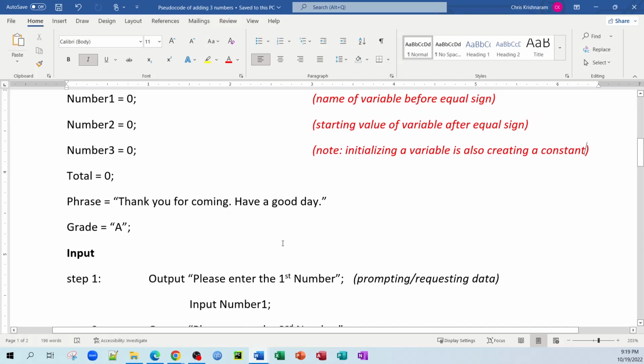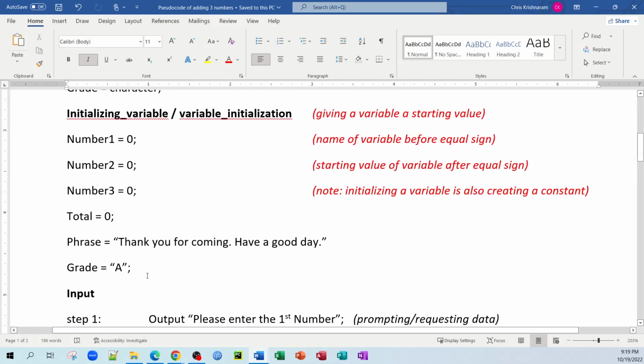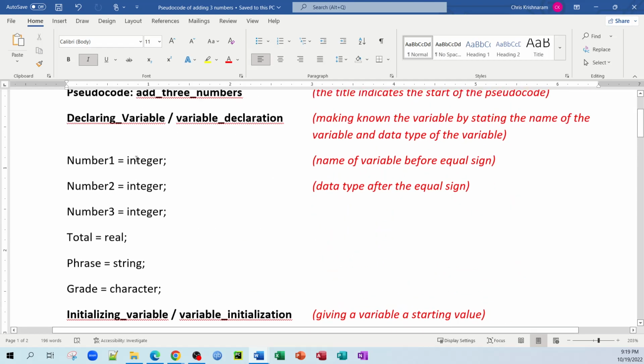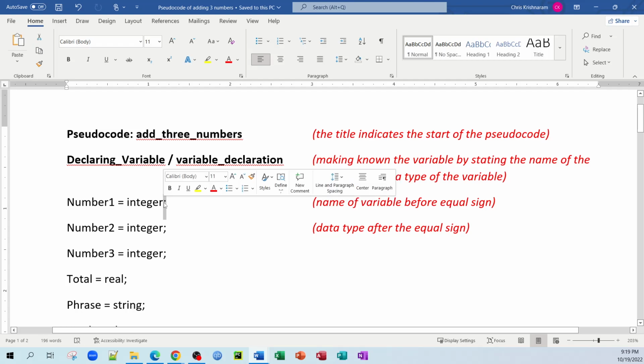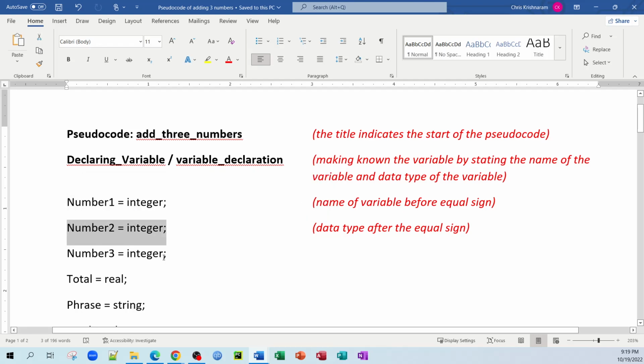Now, let me see if I missed anything here with initializing. Okay, now if you notice, I ended each line with a semicolon. That is not necessary. The purpose of the semicolon is to indicate the end of a line of code, a line of instruction. So this is one line, this is two line, this is the third line, this is the fourth line. And the semicolon is usually used to indicate the end of the line.